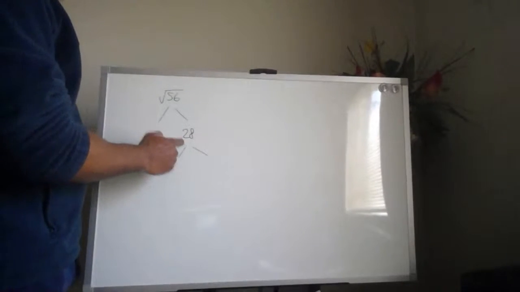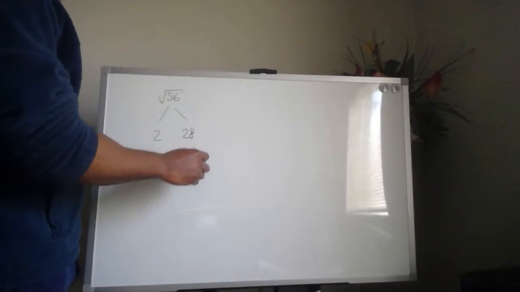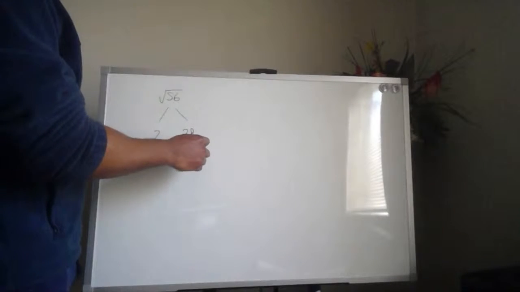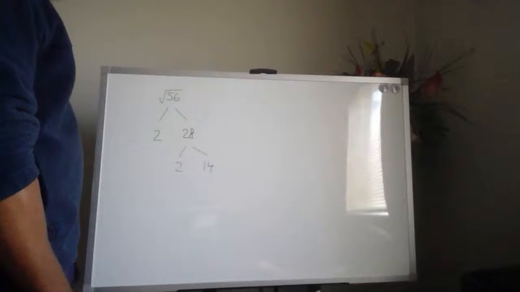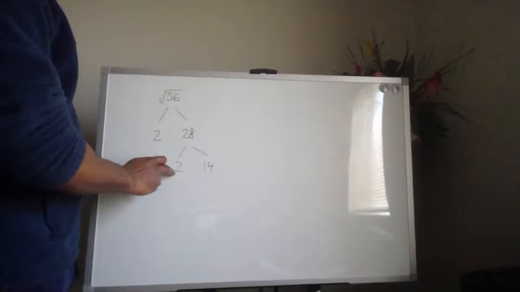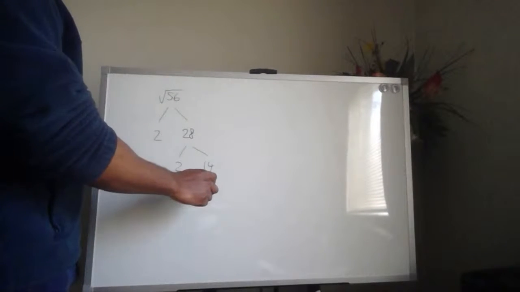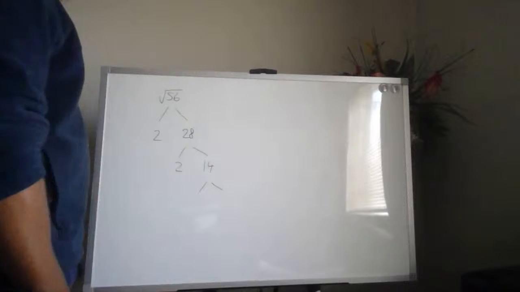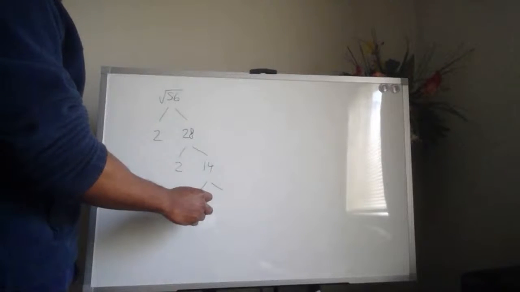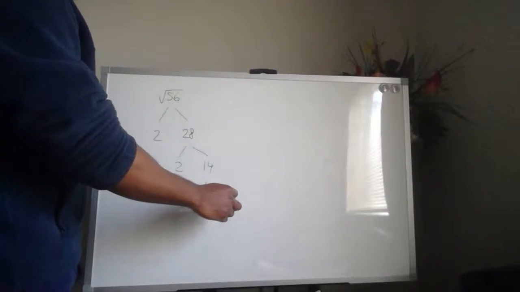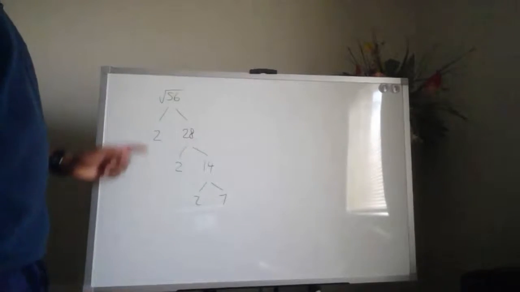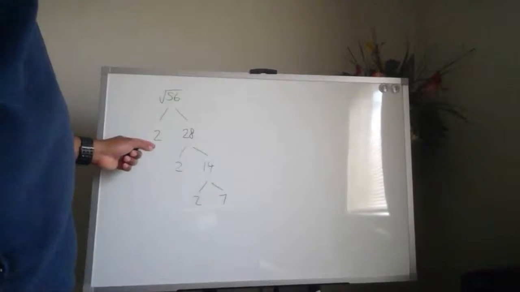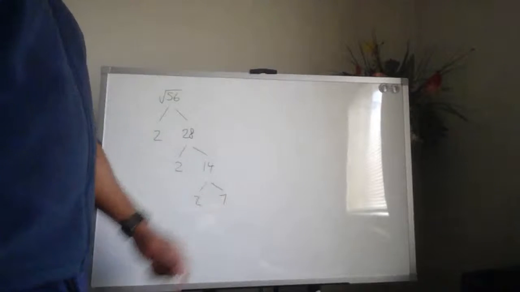Again, it's even, so I'm going to divide by 2. 2 times 14 gives me 28. Again, 2 is prime, 14 is not, so I'm going to break it down some more. So I'm going to have here 2 times 7. Now I have all prime numbers. 2 is prime, 2 is prime, 2 is prime, 7 is prime.